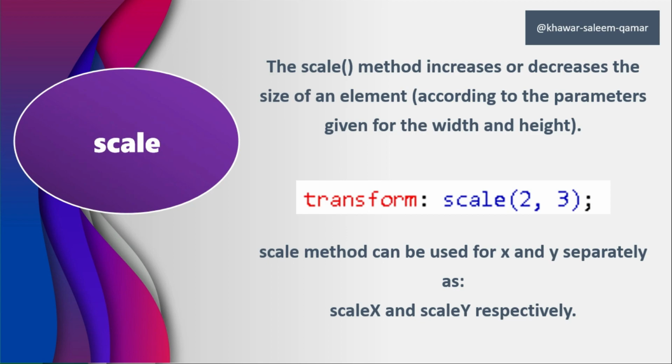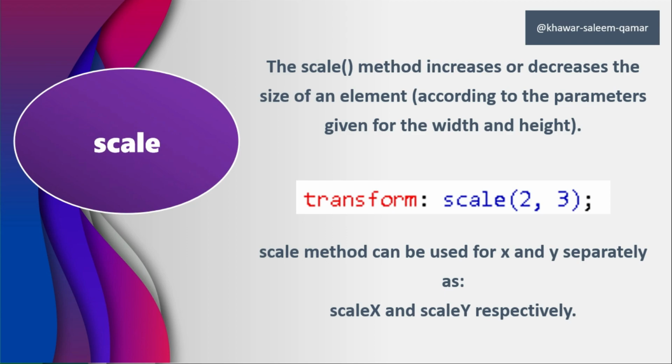Now the scale method is used to increase or decrease the size of an element. In scale we provide the value such that 1 is taken as 100% of the element's height or width, as we will be providing. So if we give it 2, it means double its size, 200% of its size in that axis.